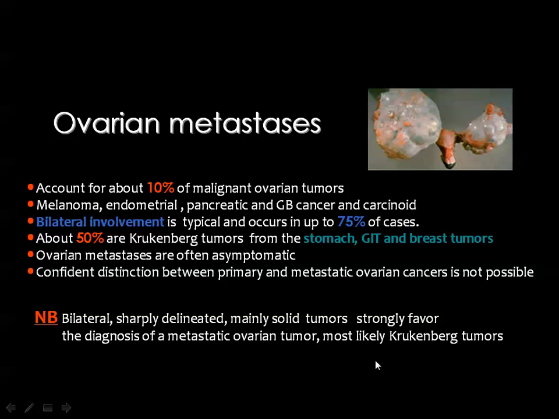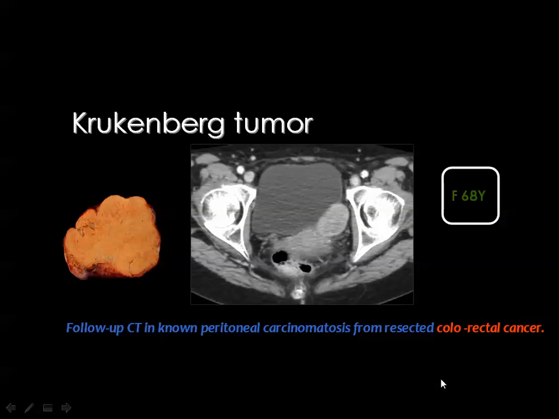You know that ovarian metastases are usually bilateral, and they are usually small, and they are usually solid. And these metastases frequently come from the stomach or the gastrointestinal tract, sometimes from breast tumors, and they are known as Krukenberg tumors.